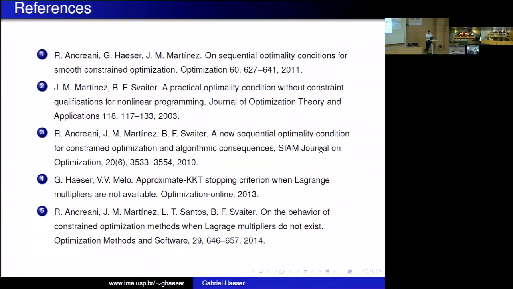This third one is about the complementarity approximate KKT condition, and proves that the augmented Lagrangian generates this kind of sequence. This one is about the implementation of a genetic algorithm when Lagrange multipliers are not available. And this one is about the Newton method, with theorems when you have only one constraint and one variable. And this is in this paper.